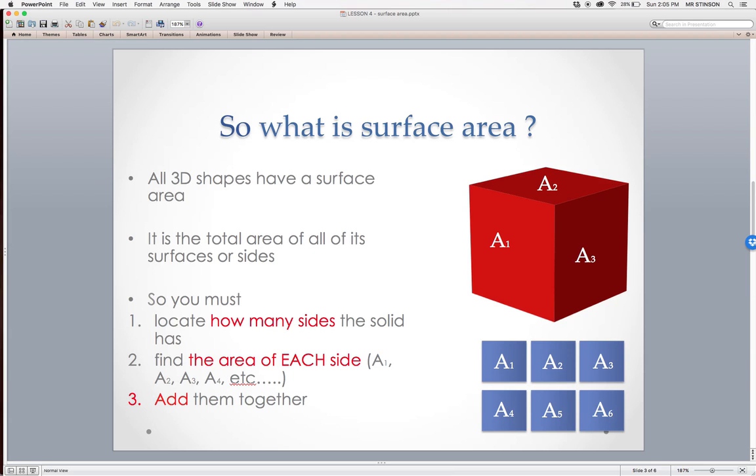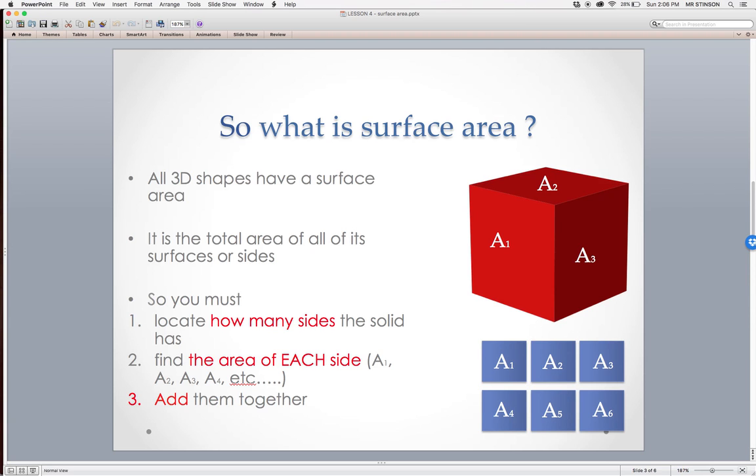To find its surface area, we must 1. Locate how many sides this solid shape has. In the case of a cube, it would have 6 sides. 2. Find the area of each side. And similar to our last lesson, we will still call these A1, A2, A3, A4, and in the case of a cube, A5 and A6.